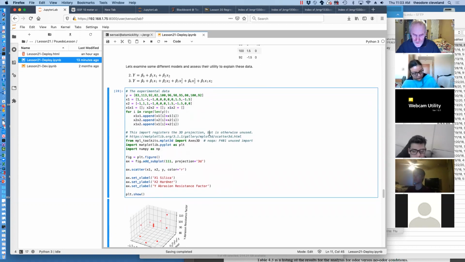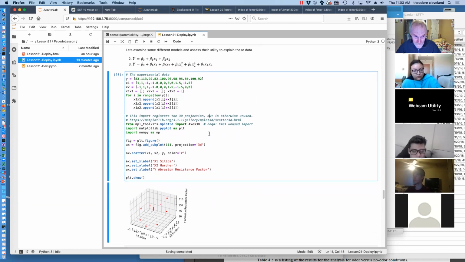Let's try to project our information in a 3-dimensional projection. So I hope this actually runs. I'm going to import from something called MPL Toolkits a subpackage called mplot3d, and from that subpackage I'm going to import a tool called Axes3D.